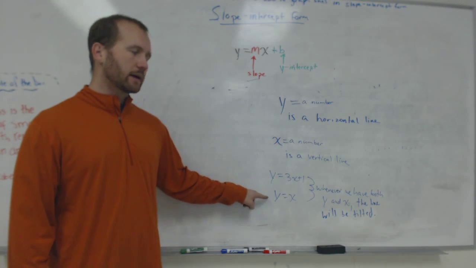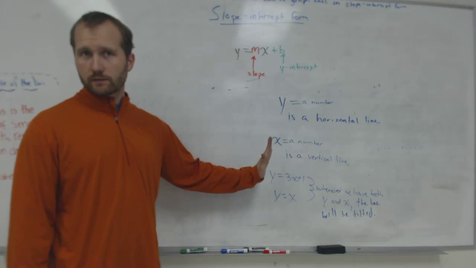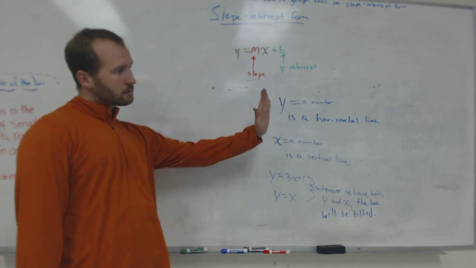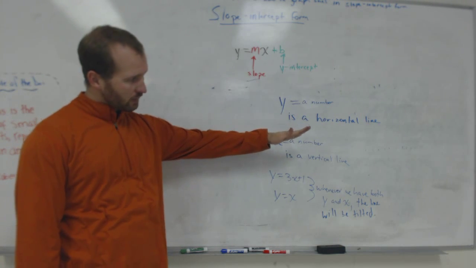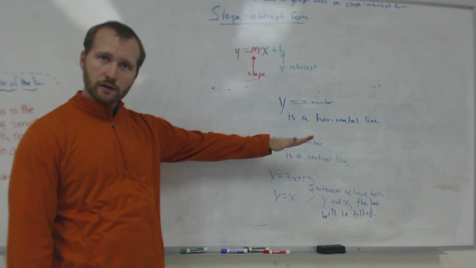An equation that has both y and x makes a line that is tilted. It could be tilted a lot, really steep, or it could have a very gradual tilt.